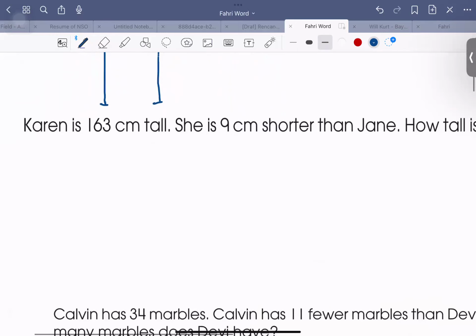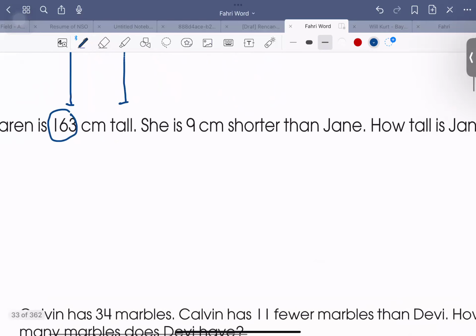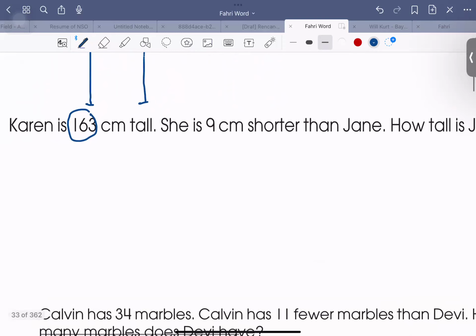Karen is 163 centimeters tall. She is 9 centimeters shorter than Jen. How tall is Jen? Who is shorter, Karen or Jen? Karen. So Karen is shorter and Jen is taller.